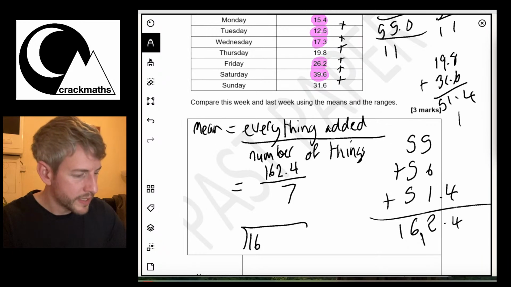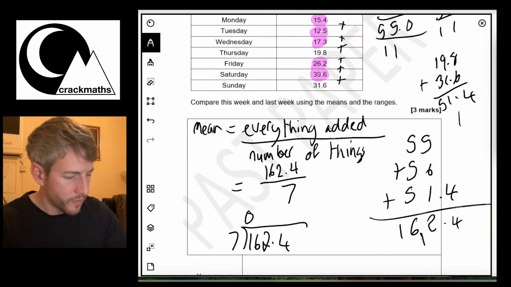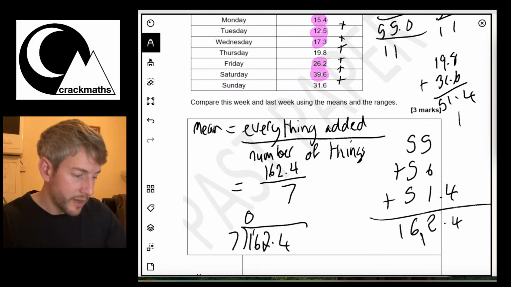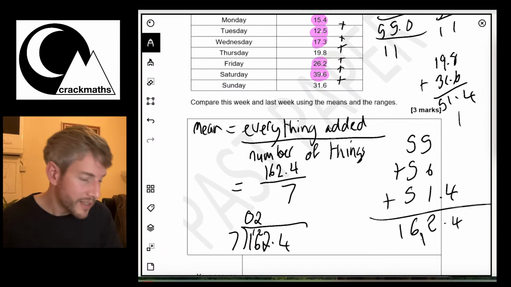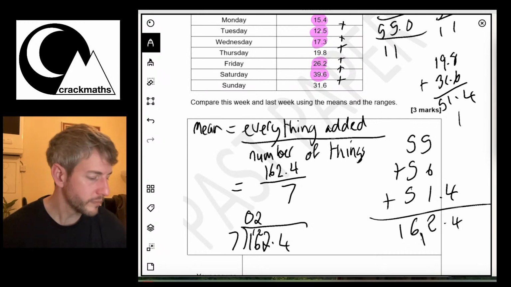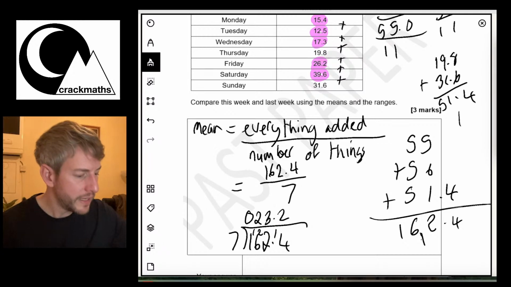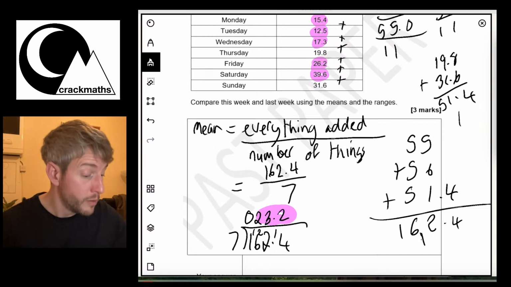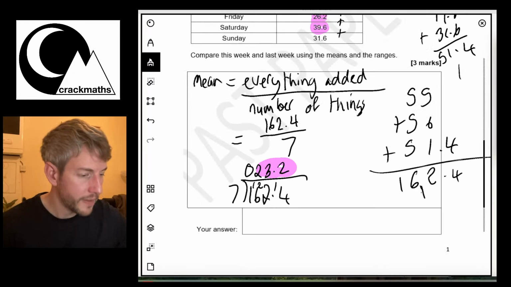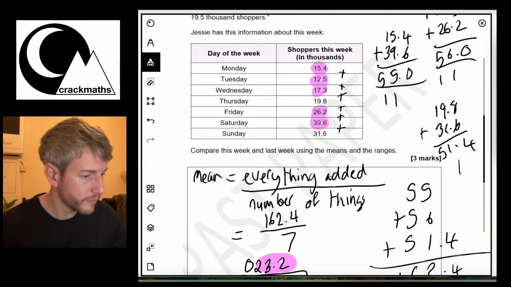So 162.4 divided by 7. It doesn't go into 1. 16, it goes in twice with a remainder of 2. 7's into 22 go 3 times with a remainder of 1. 7's into 14 go twice. So therefore we've got a mean this time of 23.2 thousand. So the mean is 23.2 thousand shoppers.